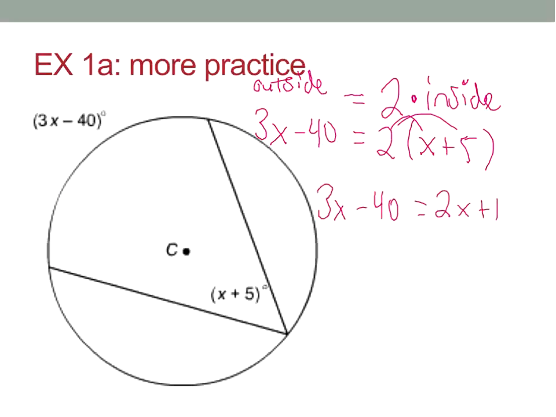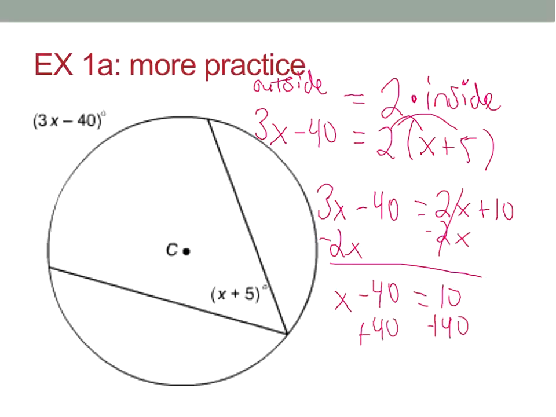So 2x plus 10. Now it becomes an algebra 1 problem where we just have to get all my x's on one side, all my numbers on the other side. So let's do that. I'm going to move my 2x over. And then I would add 40.